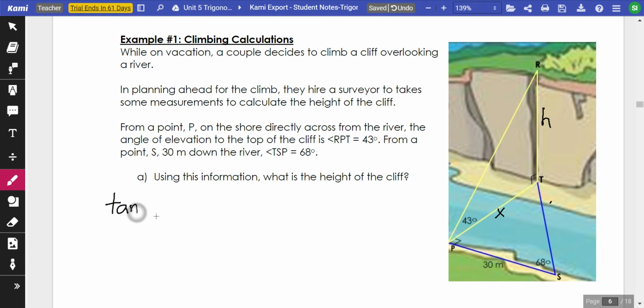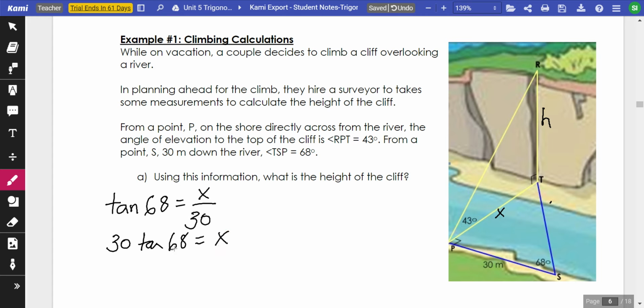So tangent of 68 is equal to the opposite side over the adjacent side, 30. I'm going to solve this as a multiplication question because the unknown is in the numerator. 30 times tangent of 68, 30 tan 68 equals x.